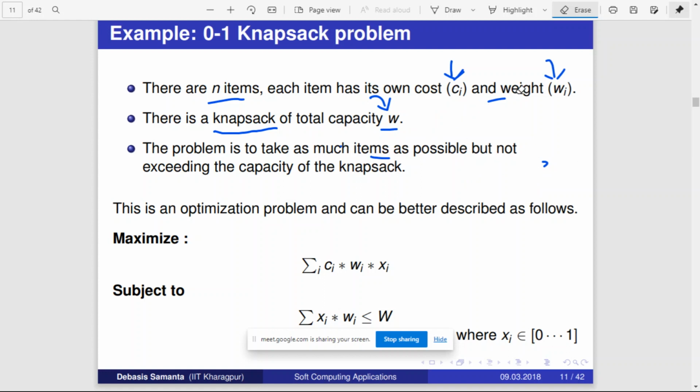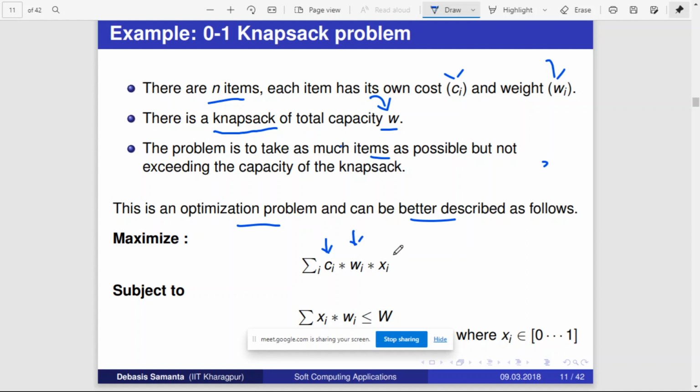There are several techniques to solve this. This is basically an optimization problem, and mathematically it can be described like this: maximize sigma i equal to 1 to n, Ci Wi into Xi. Ci represents the cost of an item, Wi represents the weight of an item.